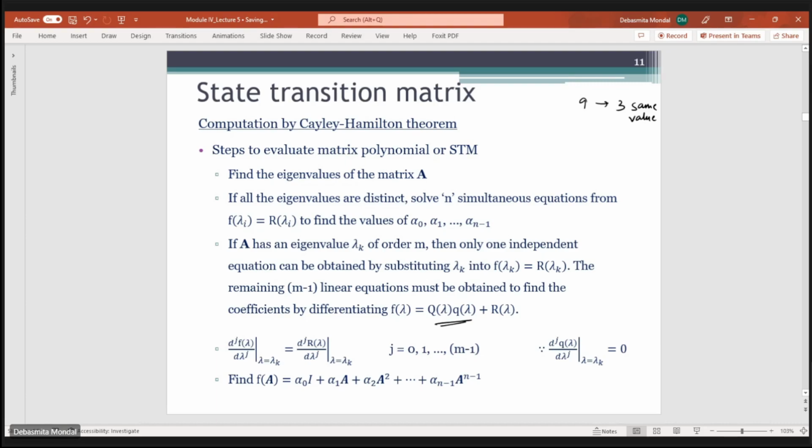If you vary the value of j from 0 to m minus 1, you take the derivative of both sides at lambda is equal to lambda k, and from this equation, if you equate the values, you will get the other m minus 1 equations. So overall you will have a total of n simultaneous equations, and similarly you can solve them to find the values of alpha 0, alpha 1 and these coefficients.